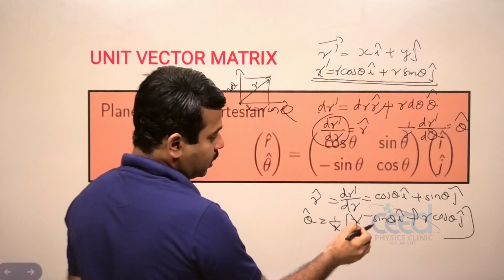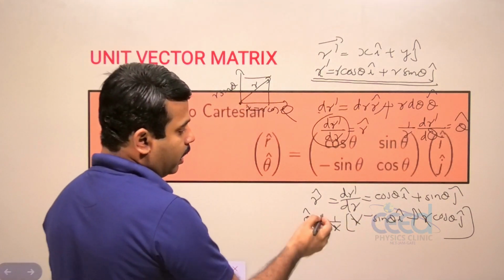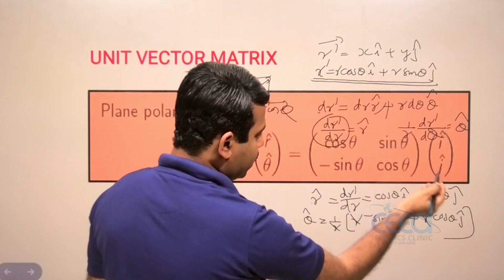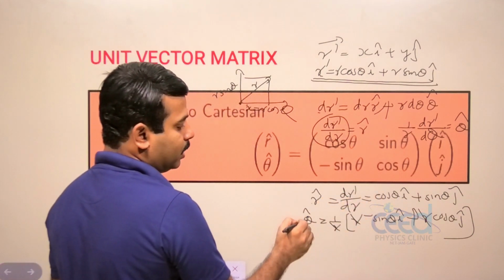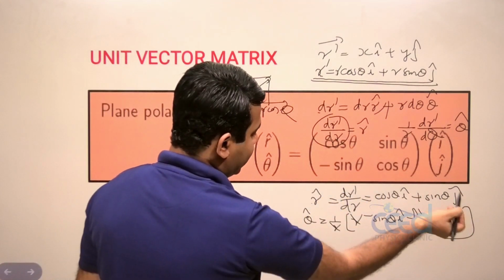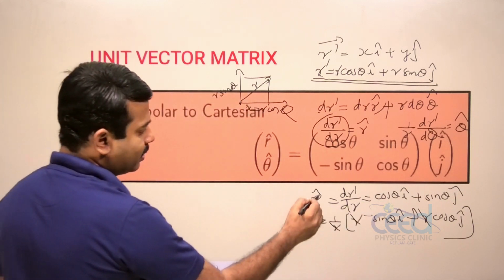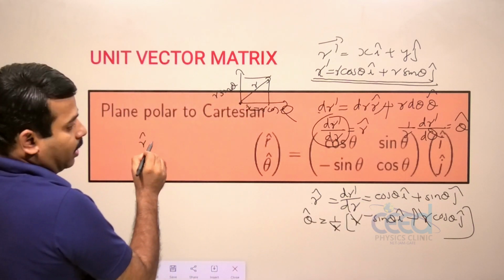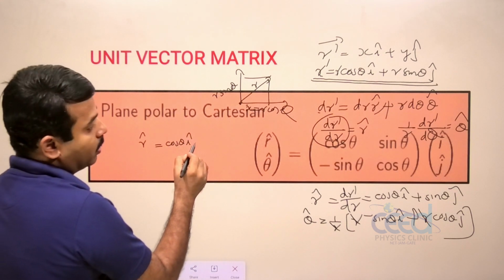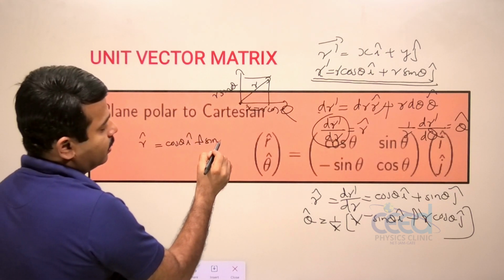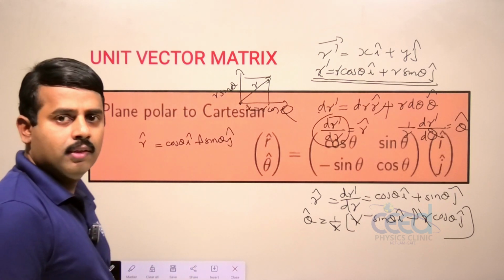Now this r cancels. Now you got r cap and theta cap in terms of i cap and j cap. Let me write this as r cap is equal to cos theta i cap plus sin theta j cap, alright.